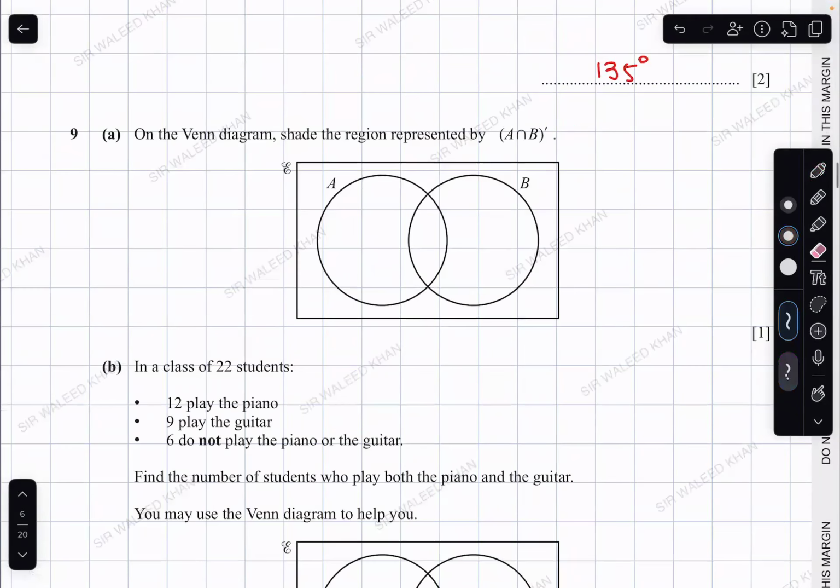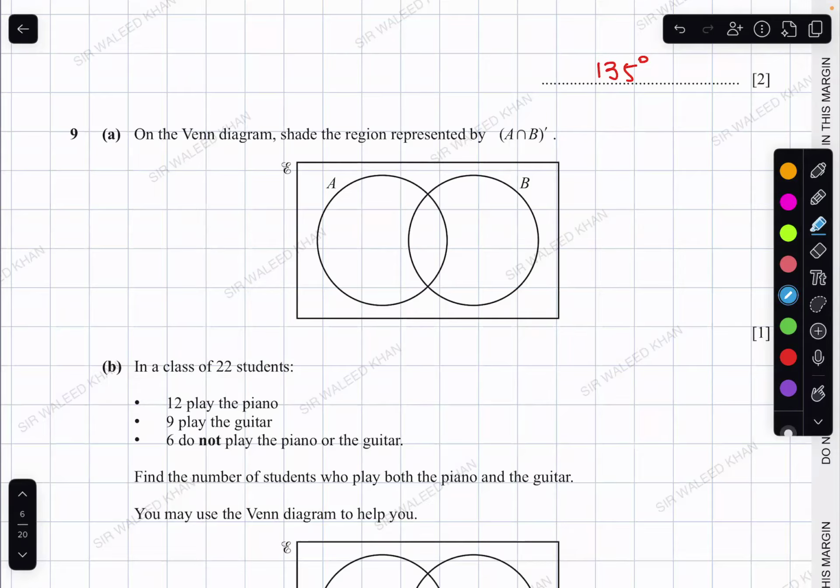Okay. Question number 9. On the Venn diagram, shade the region represented by A intersection B1. So they are saying to shade everything outside.